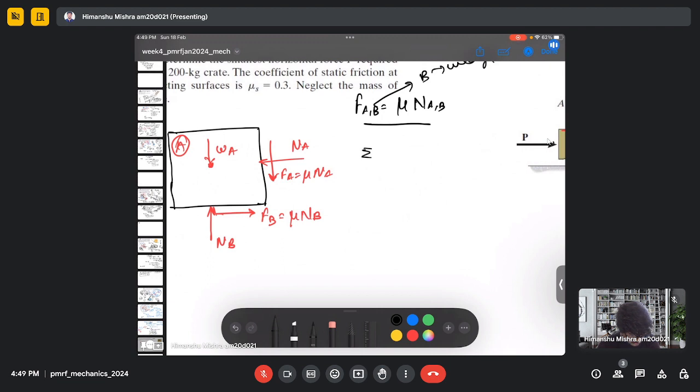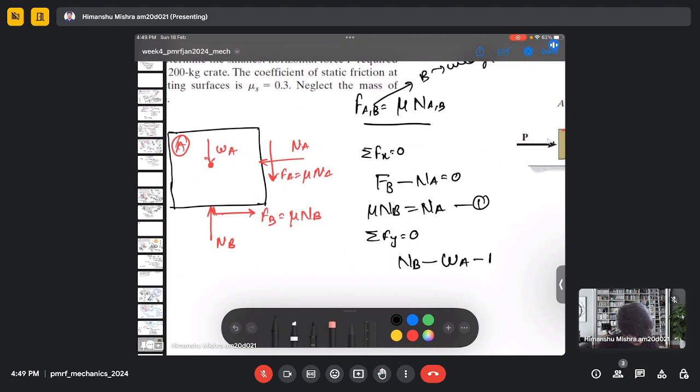So let's do the summation of force in the horizontal direction. So we have FB minus NA. So it will be mu NB equals NA. And if we do the force balance in the vertical direction, then we will have NB minus WA minus NA.